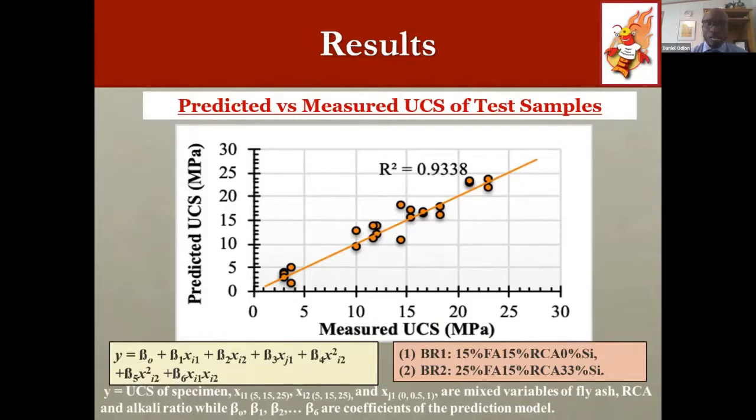With further analysis using regression analysis, we selected two optimal samples. The first was 15% fly ash, 15% RCA, and 0% silicates. The second optimal sample that we selected was 25% fly ash, 50% RCA, and 33% silicate.